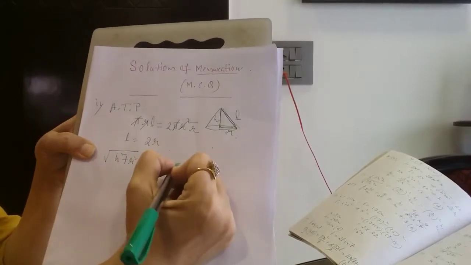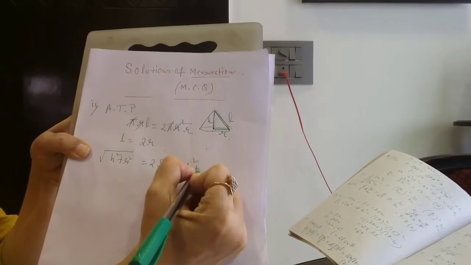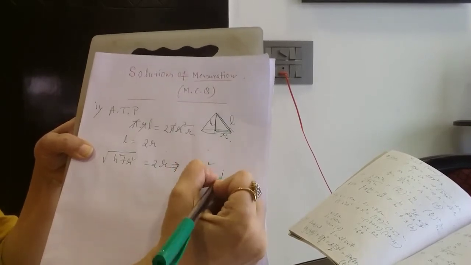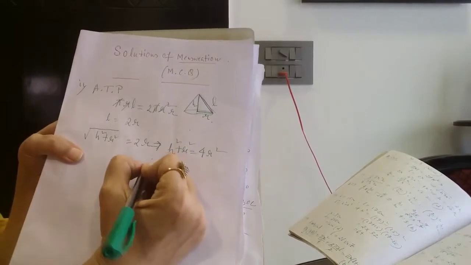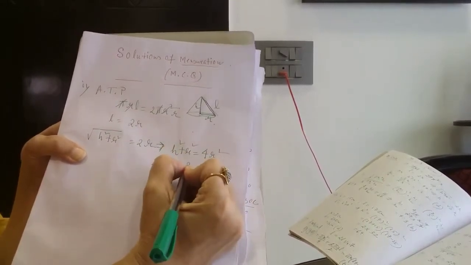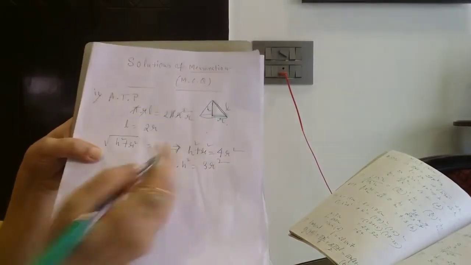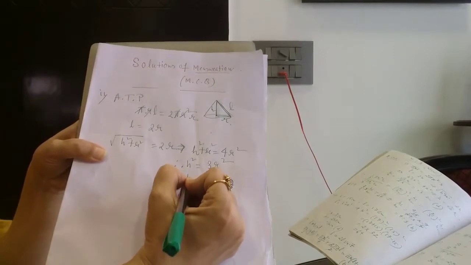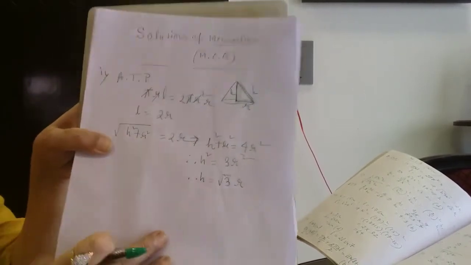Now squaring both sides, H square plus R square equals 4R square. Therefore H square is 4R square minus R square, which means 3R square. Therefore H is root 3 into R.